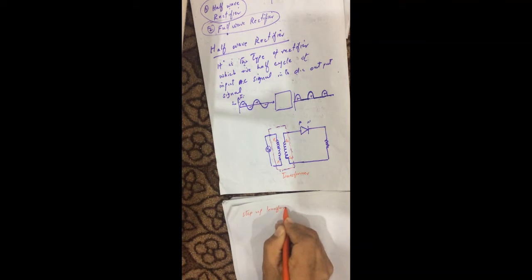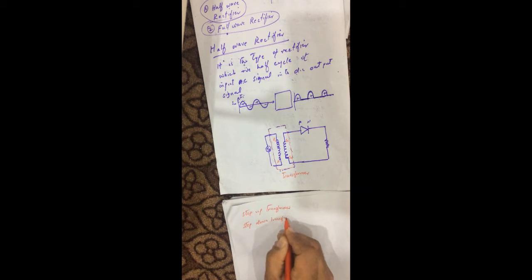Now transformer is of two types. One is called step up transformer and one is called step down transformer. Now, what is the difference between step up and step down transformer?